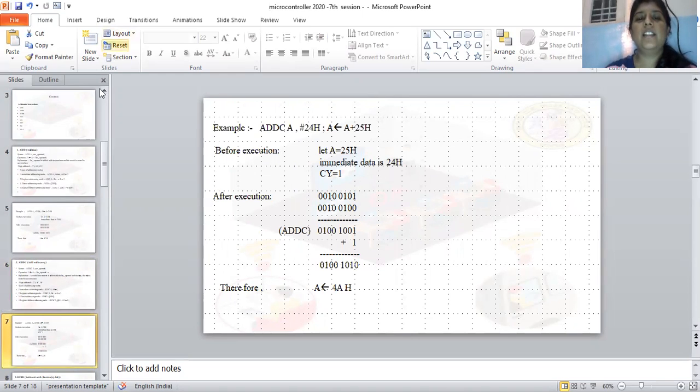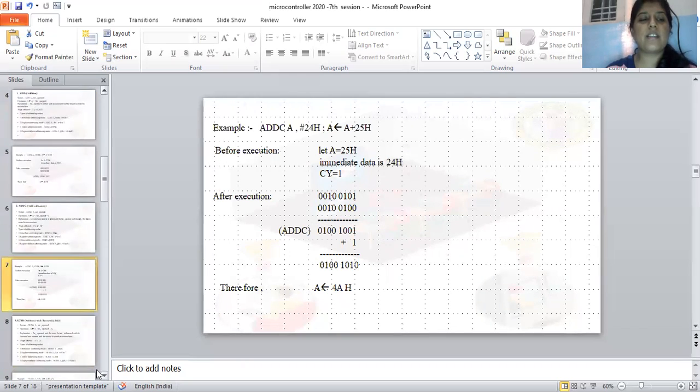Add the two 8-bit data, that is 25h and 24h. After adding these two data, add the carry bit, that is 1. Then the result will become 0100 1010. That means that 4Eh will be copied into the accumulator register.